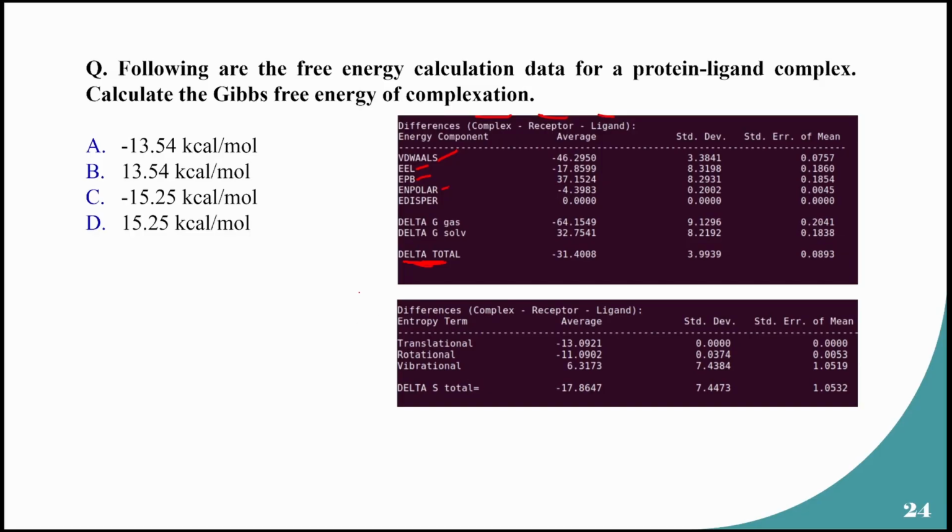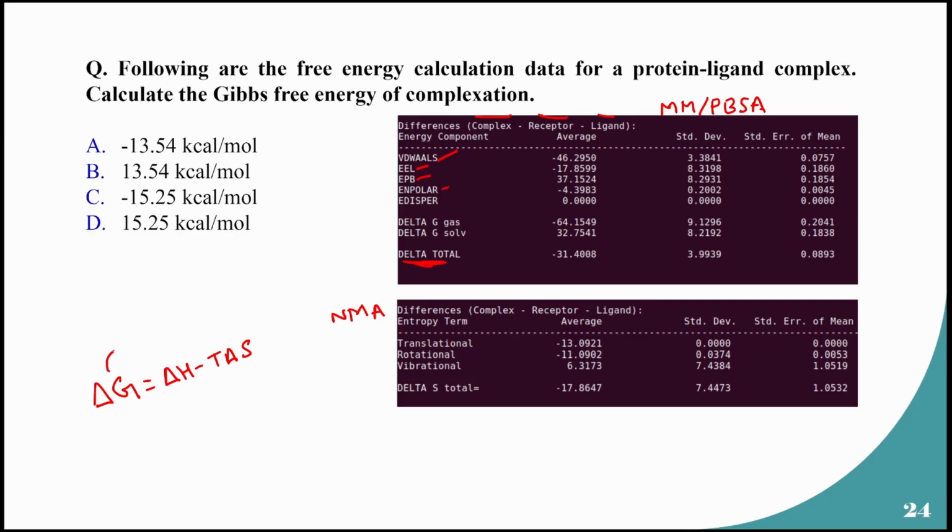And in this particular case, the enthalpy part was calculated using an approach called MMPBSA, which is the molecular mechanics Poisson-Boltzmann surface area approach. And for the entropy calculation, again, the same protein ligand complex, same trajectory, normal mode analysis, this particular calculation was performed, right? Now remember, we know that delta G equals delta H minus T delta S, right?